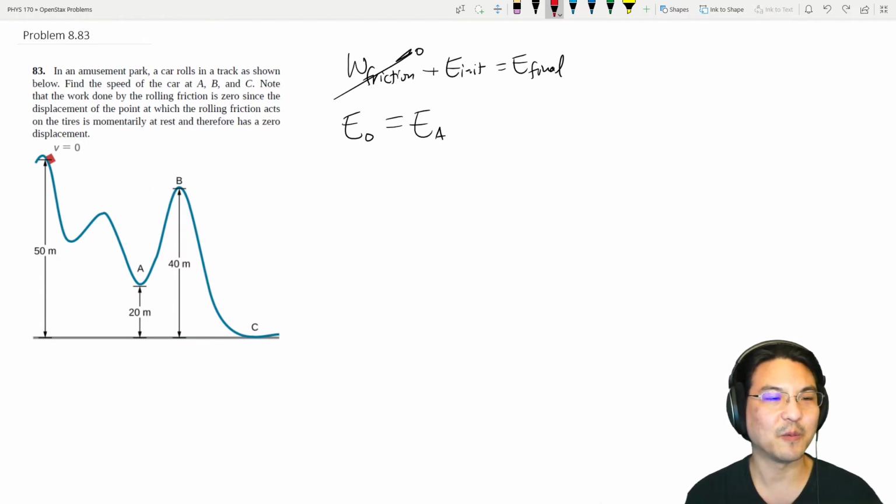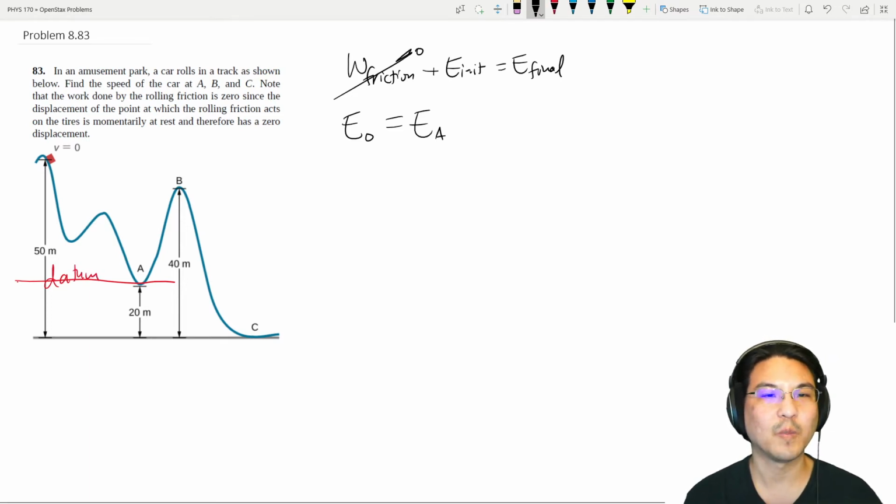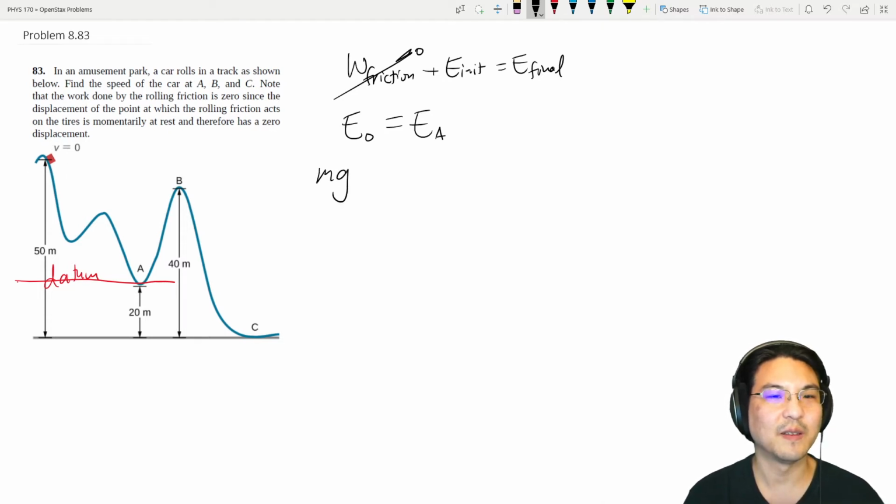So how about we pick the datum here for this one. If that's the case, how much gravitational potential energy here? It's mg, the height above the datum, and then the kinetic energy is 0, so then that's it.